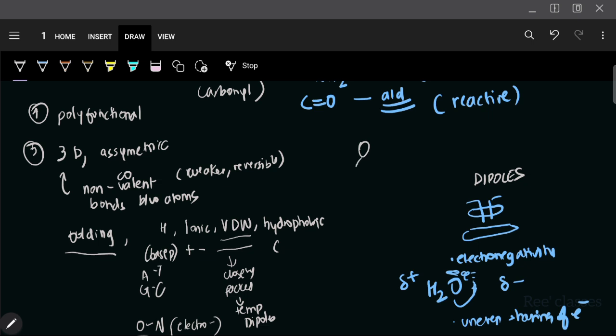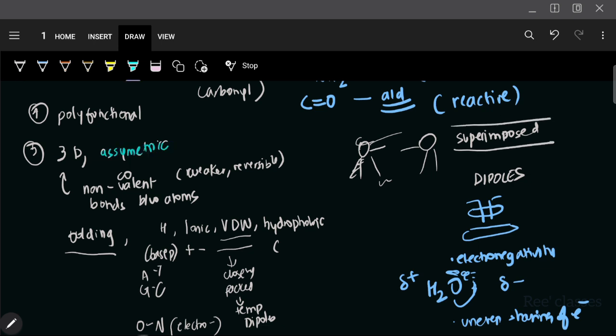Like if this is a structure, and you mirror it and you keep it on top of each other, it's not going to be superimposed. Superimposition. So this will not be superimposed.